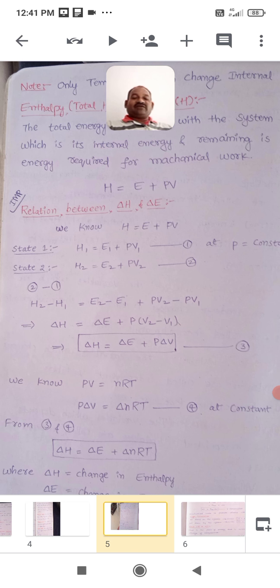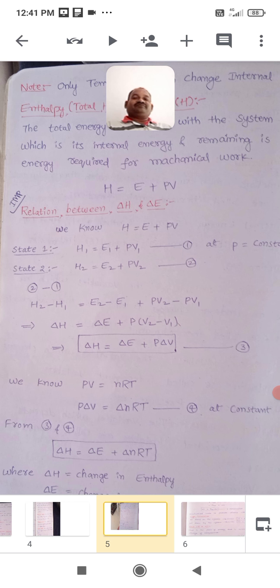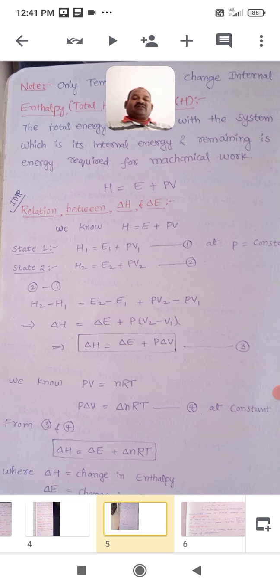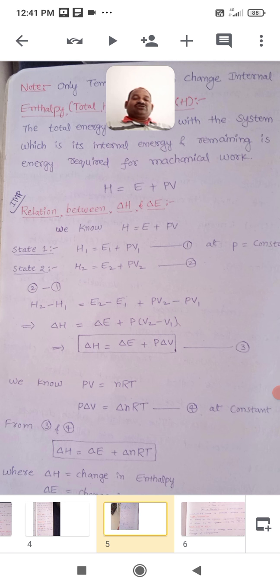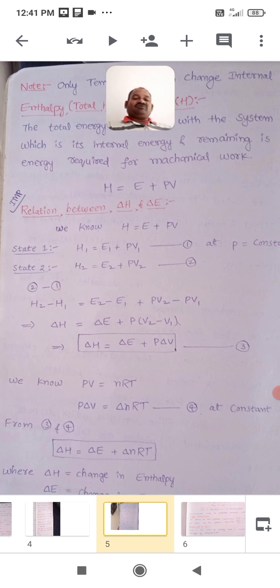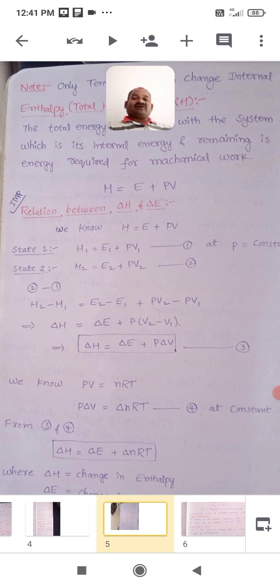Again, I repeat. What is the relation between delta H and delta E? H is equal to E plus PV. H1 is equal to E1 plus P1V1, that is state 1. H2 is equal to E2 plus PV2, state 2. H2 minus H1 is equal to E2 minus E1 plus PV2 minus P1V1. Delta H is equal to delta E plus P of V2 minus V1.